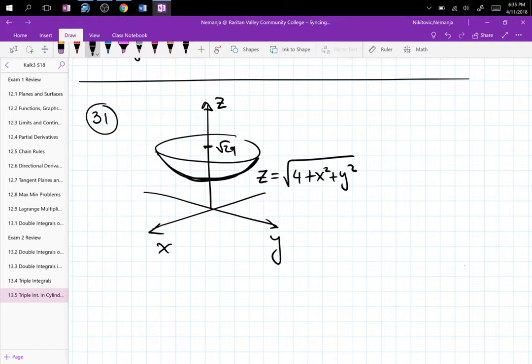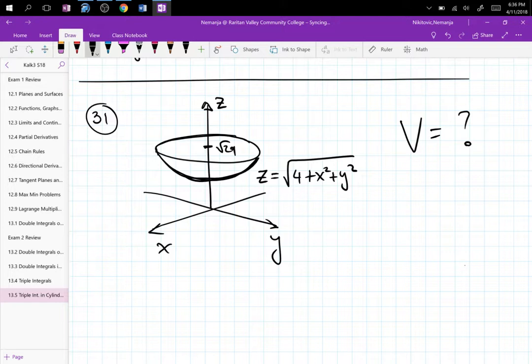All right, so this is what I have for the problem, and yep, that's that. So now we need to set up and find the volume of this object. So what should I do?